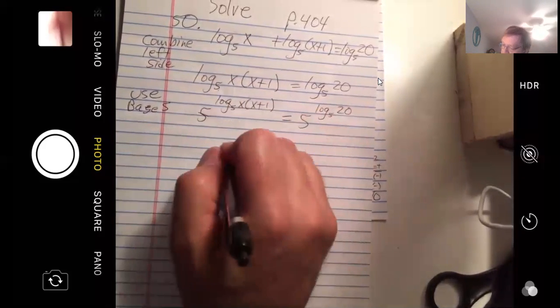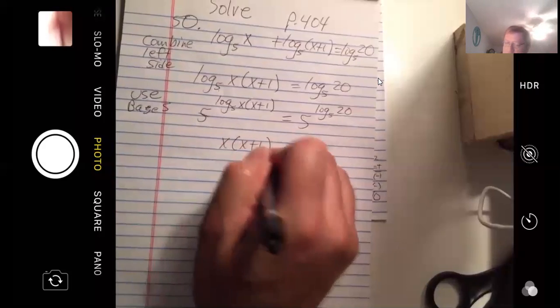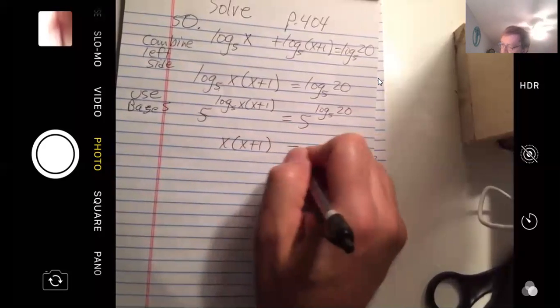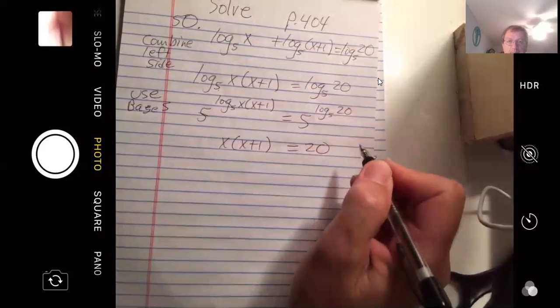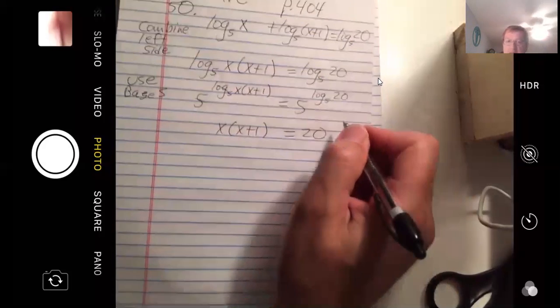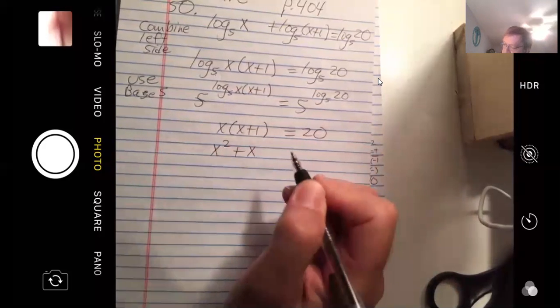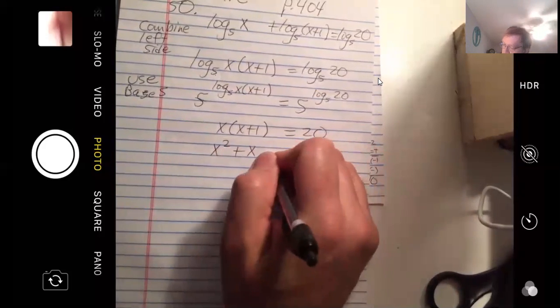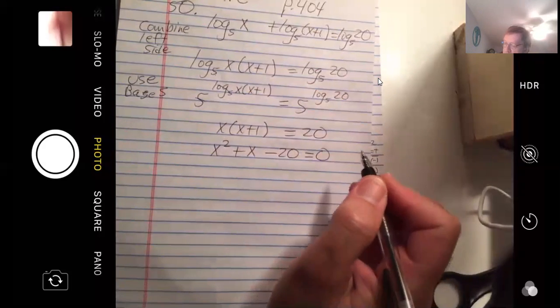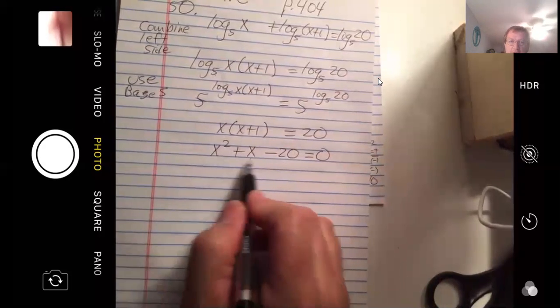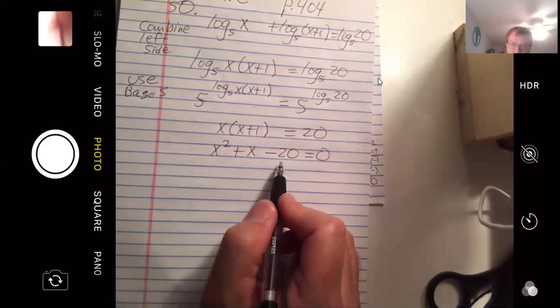We'll undo the logs. x times x plus 1 is then equal on the other side to 20. Distribute the left side, bring the 20 over, equals 0.